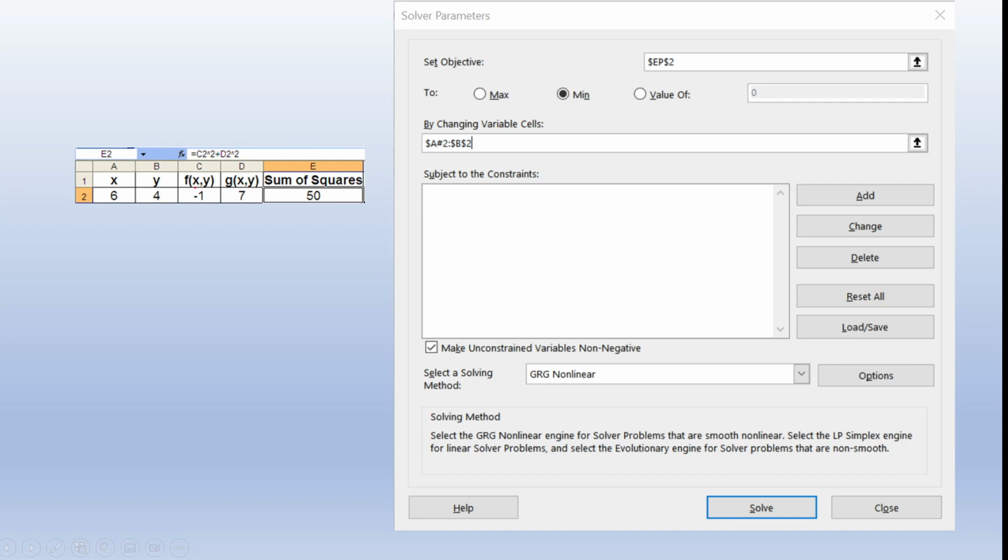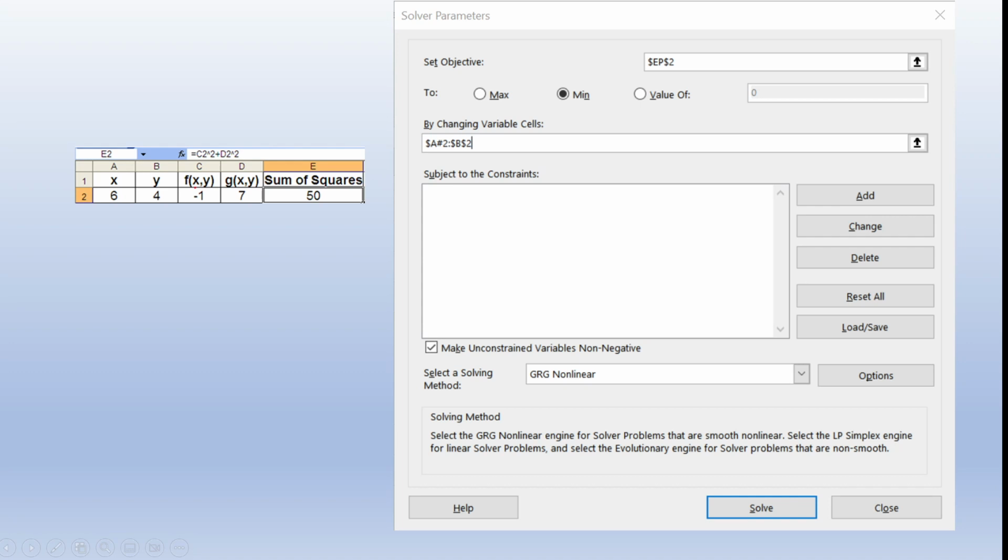What you need to do is, in the first row, key in the labels: x, y. Column C is fxy, the first nonlinear equation. Column D is gxy, the second nonlinear equation. Then find the sum of squares of fxy squared plus gxy squared, which is C2 squared plus D2 squared. We are going to minimize it to 0 by varying the values of x and y.